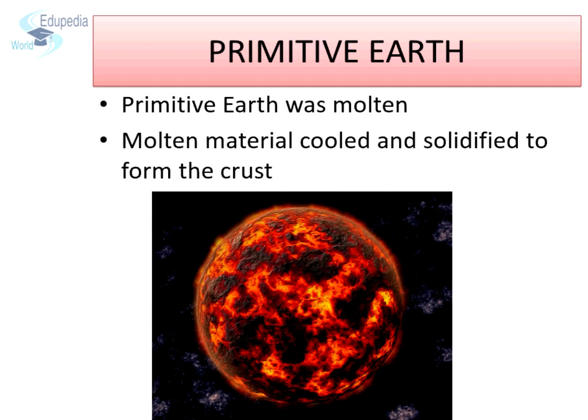Hence, it follows that rocks formed out of cooling and solidification of the molten rock matter are the most primary rocks found in nature. All other rocks must have formed out of the alteration of these rocks.